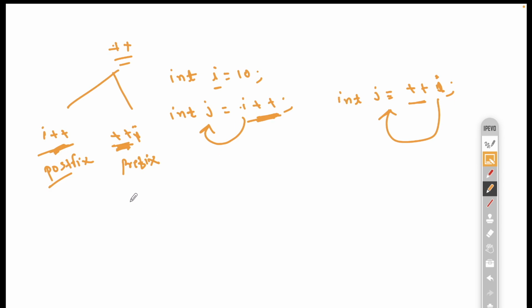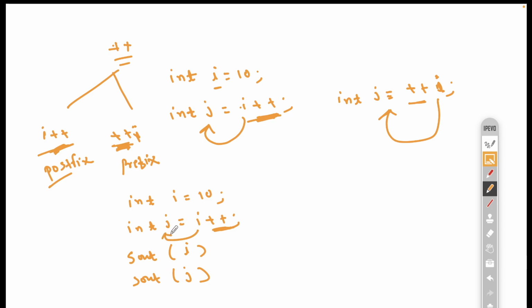Now how will you understand the difference? See here, let's suppose I have int i is equal to 10, and then int j is equal to i plus plus. Now if I print i, and if I print j, what will be the output? If you are using the postfix operator, the value of i will be assigned to j first, before increment.